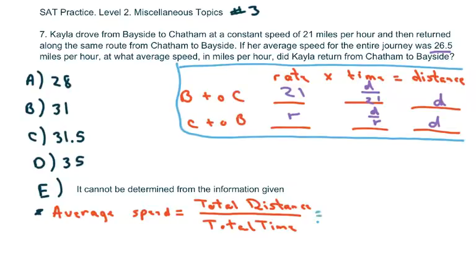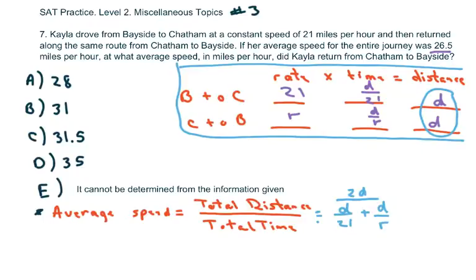So I'm going to start down here and then move back up here. We have 2D over D over 21 plus D over R. It's a little mechanical, but it's total distance over total time. So you have 2 D's, that's the top, and the times.